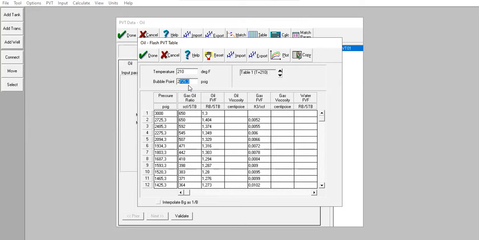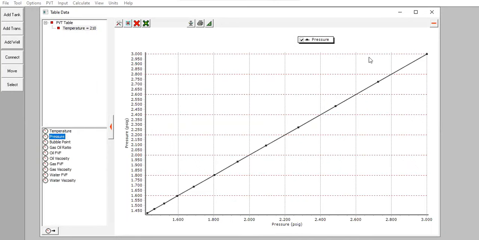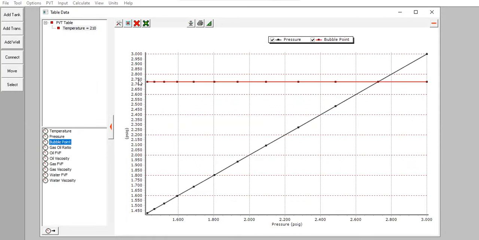We have this data: reservoir pressure, gas oil ratio, oil viscosity or oil formation volume factor, and also gas formation volume factor. We can plot at temperature of 210 the pressure. The bubble point pressure will be constant.